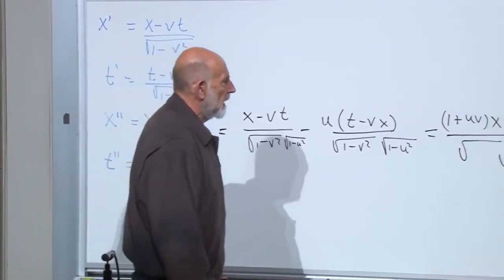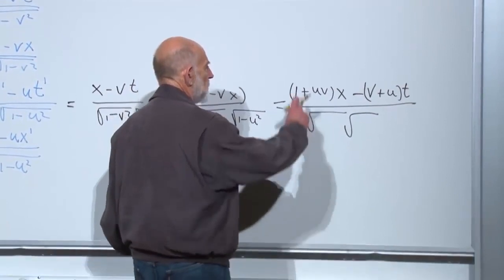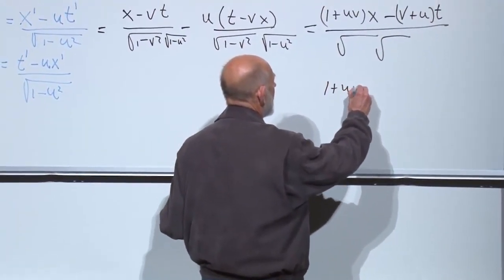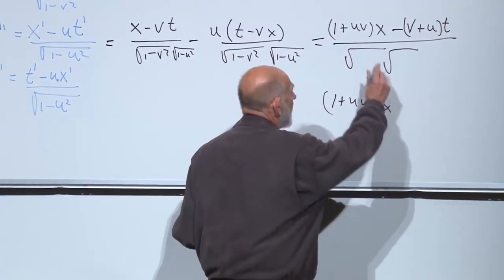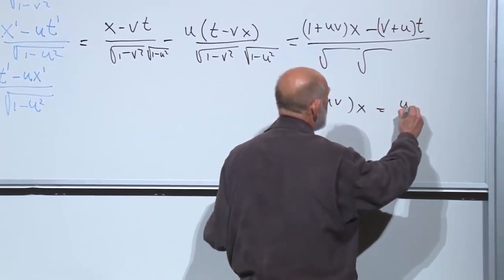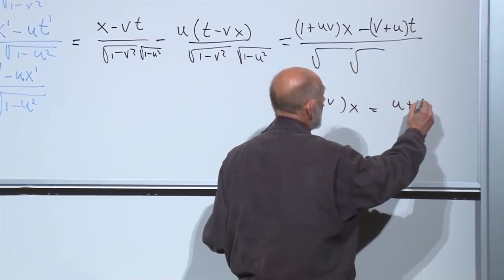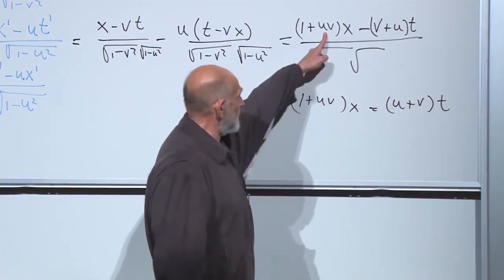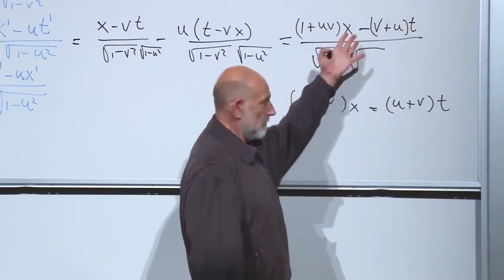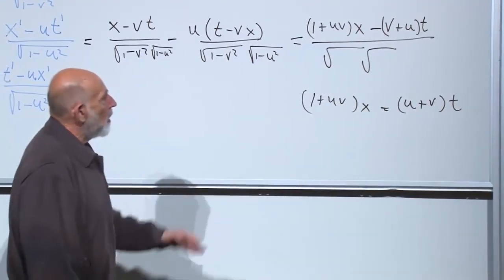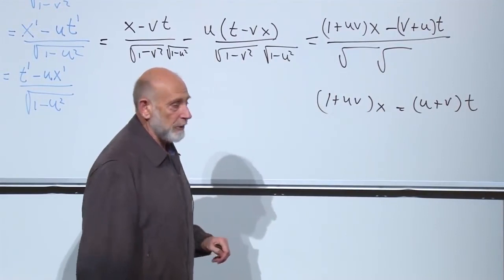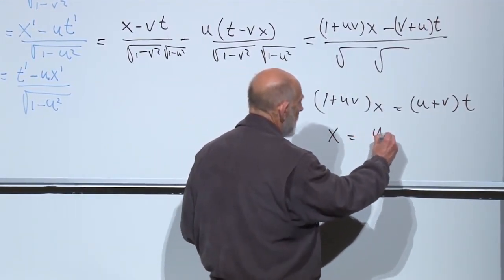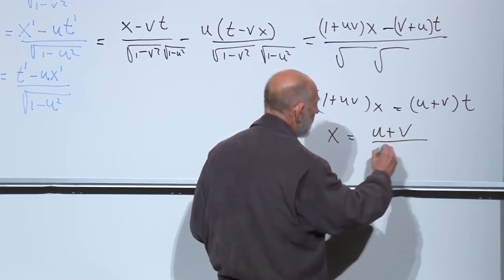So what does it say? It says x double prime is equal to 0 when 1 plus uv x is equal to u plus v t. I've set this equal to this to make the numerator 0. Or if I divide by 1 plus uv, it tells me x is equal to u plus v over 1 plus uv t.